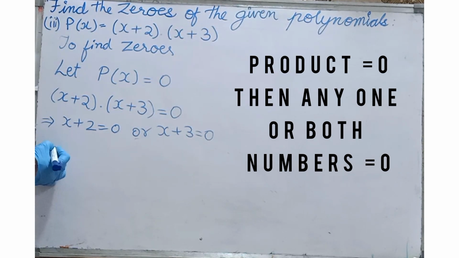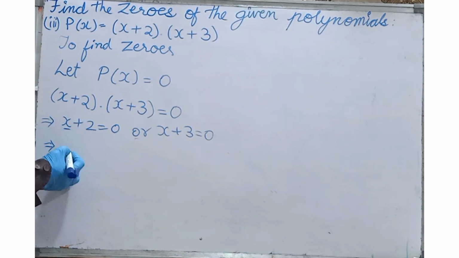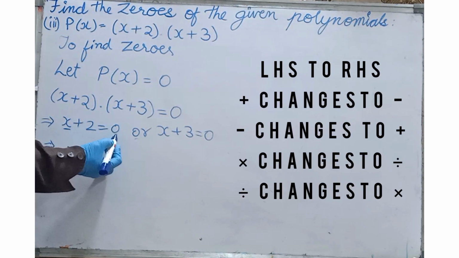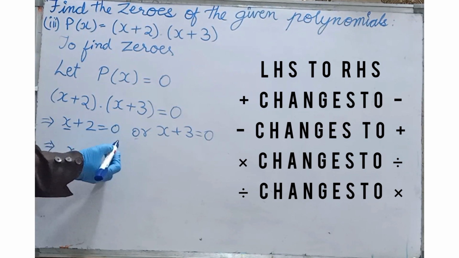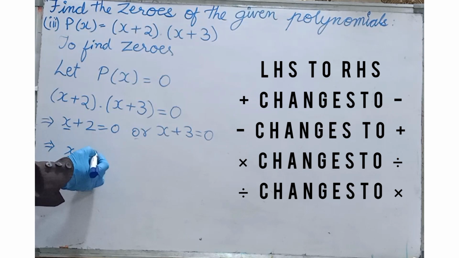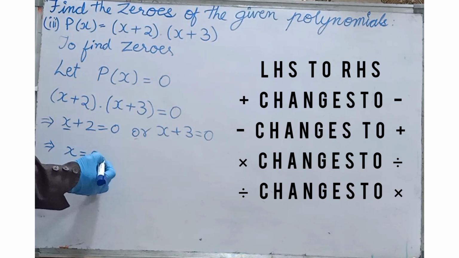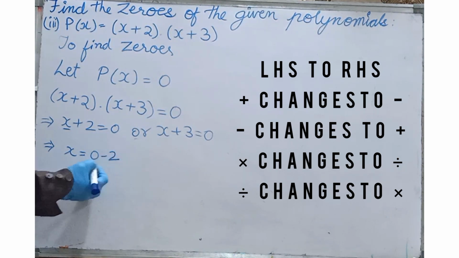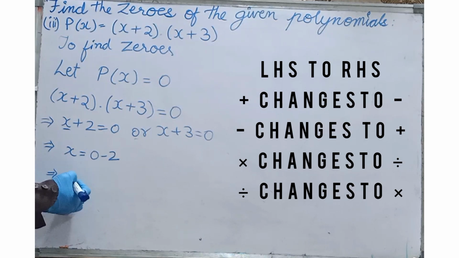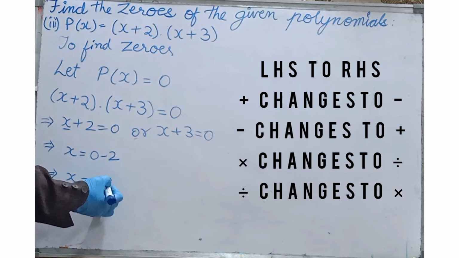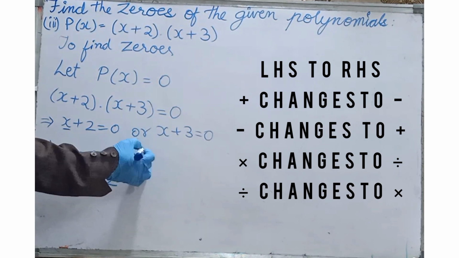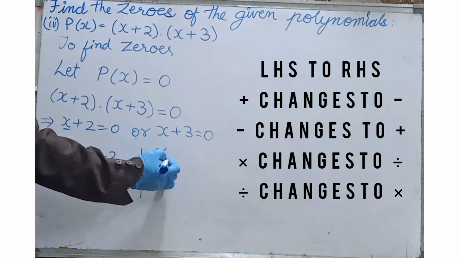Now we have to find the value of x. X equal to, here we have plus 2. From LHS, I'll shift this to RHS. So plus 2, when it goes to RHS, becomes minus 2. Already we have 0. So x equal to minus 2. Similarly, we can find the value of one more x.